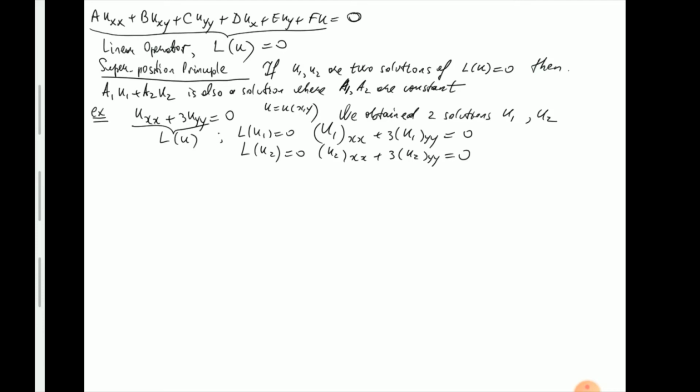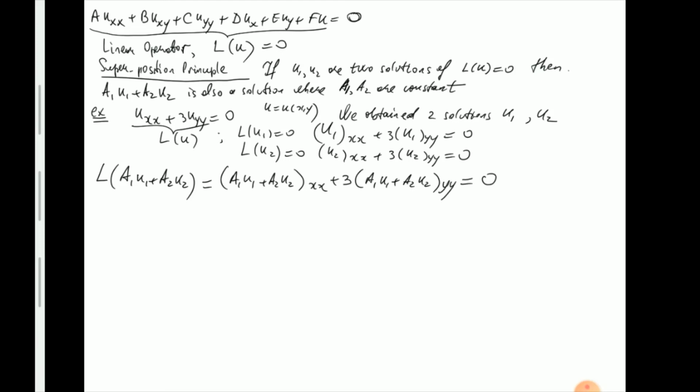It's not overly difficult to realize what happens if you plug some linear combination into the equation. So basically, you're going to plug in a1 u1 plus a2 u2 and then differentiate it twice with respect to x, and then the same thing for the second component, right? Partial y twice. A partial derivative, like any derivative, can be distributed over a summation, and one can pull the constant out.